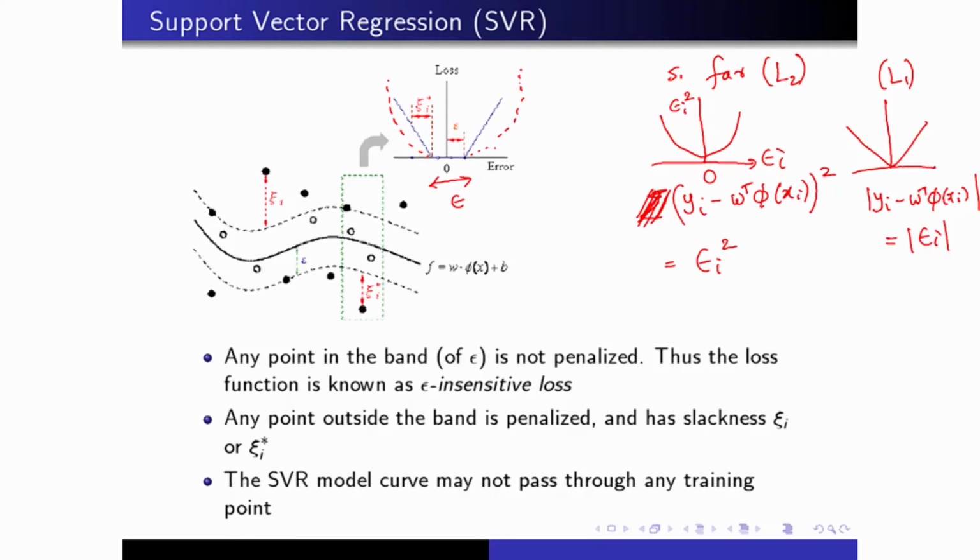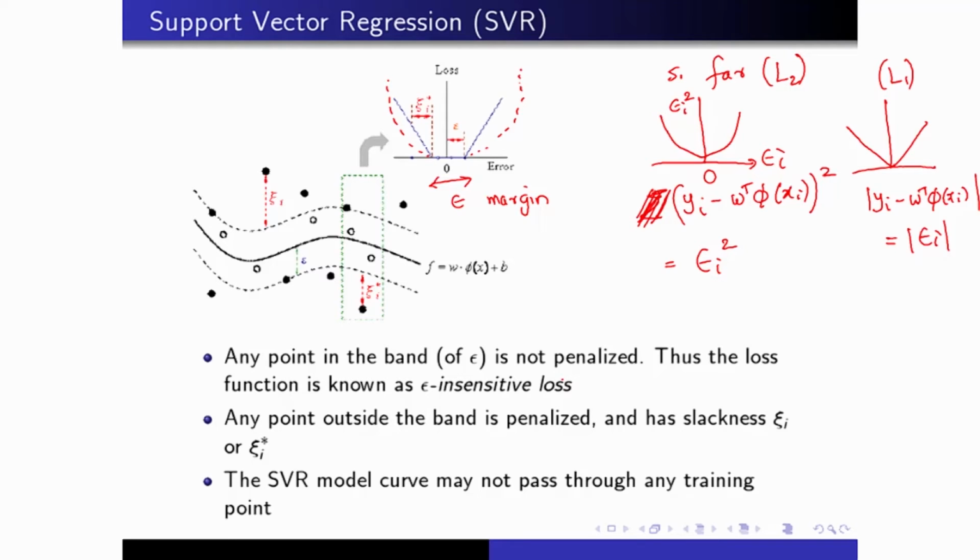But the point is about giving this margin. This is the epsilon margin of 0 error. So any point in the band of epsilon is not penalized. Thus the loss function is known as epsilon insensitive loss.